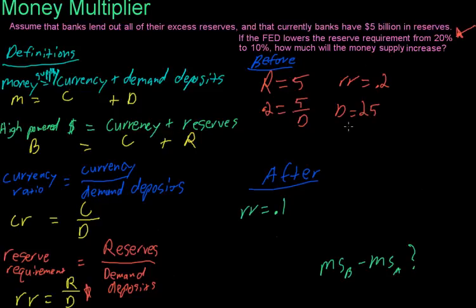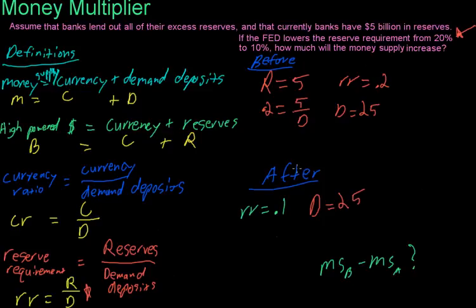So there are $25 billion in demand deposits in this economy because there were $5 billion in reserves at a 20% reserve requirement. So there are going to be the same amount of demand deposits after this change in the reserve requirement. That's not going to change how much money people have in their checking account. So we know here also that D is equal to 25.